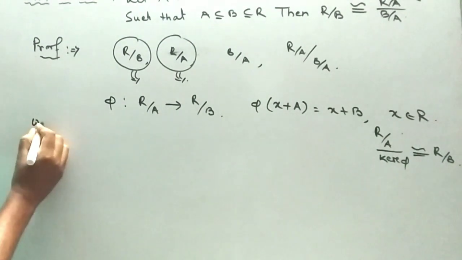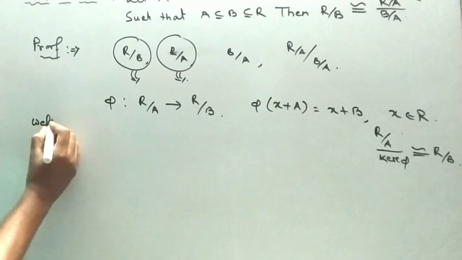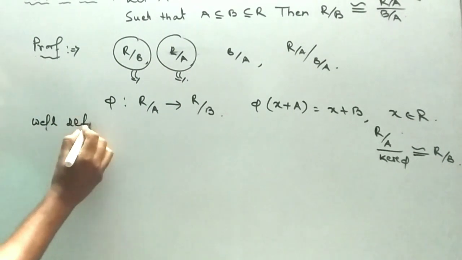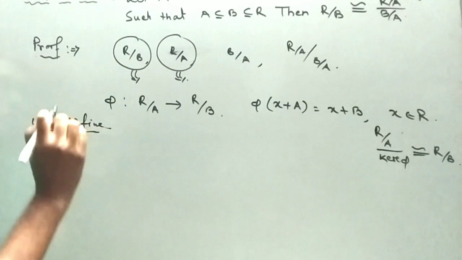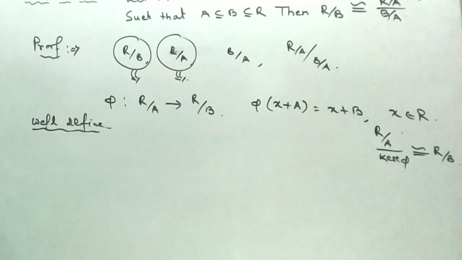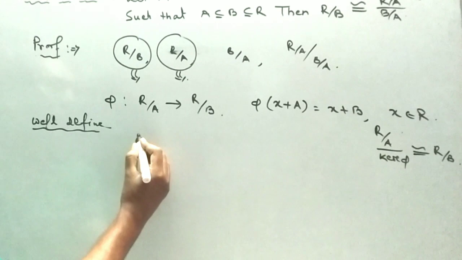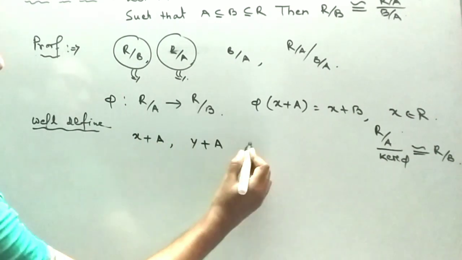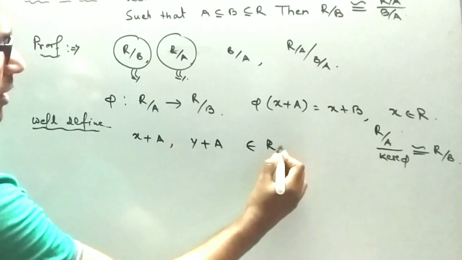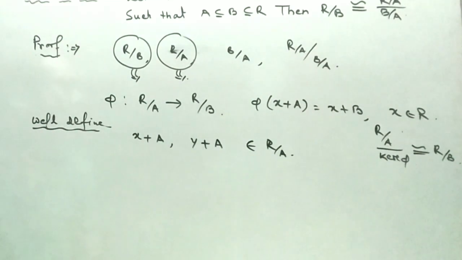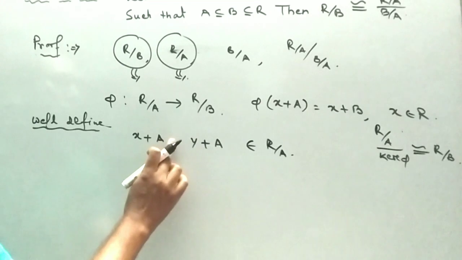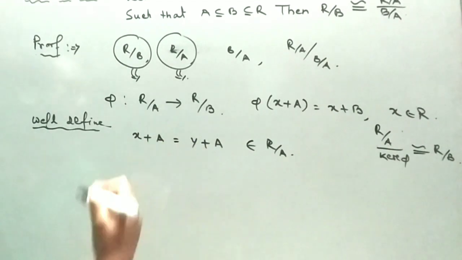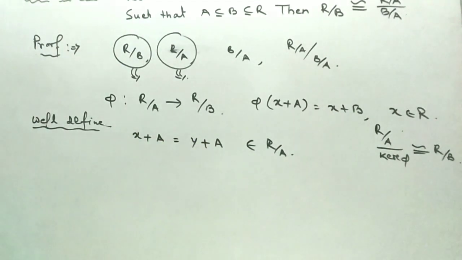Now we start with the condition that the function is well defined. To show well defined, we let two elements x plus A and y plus A both belong to R/A, and let these two elements be equal.